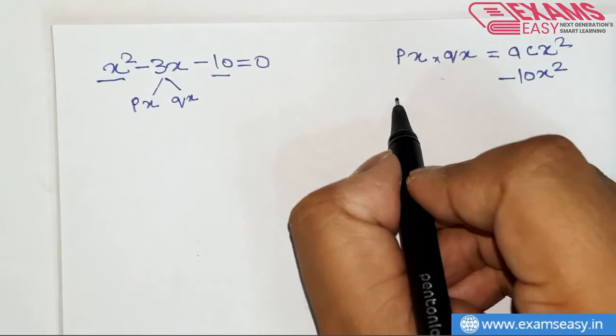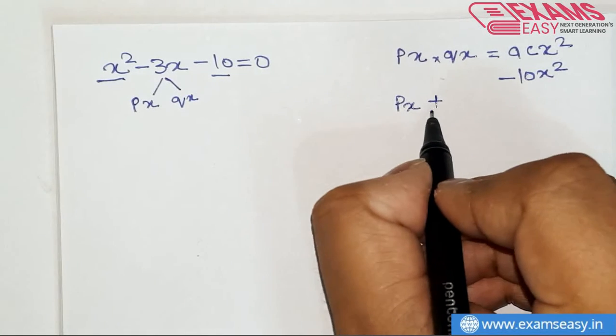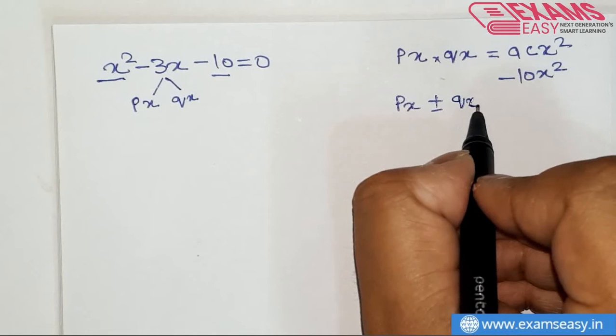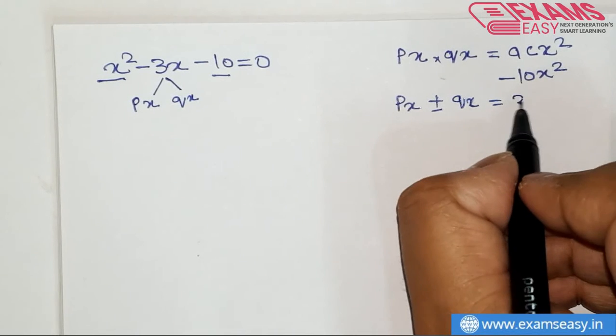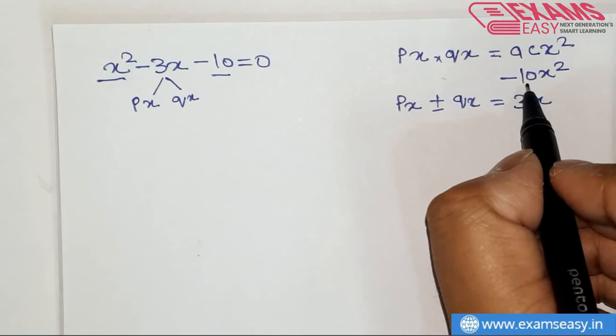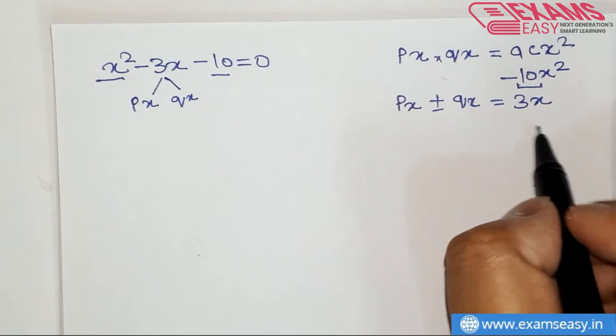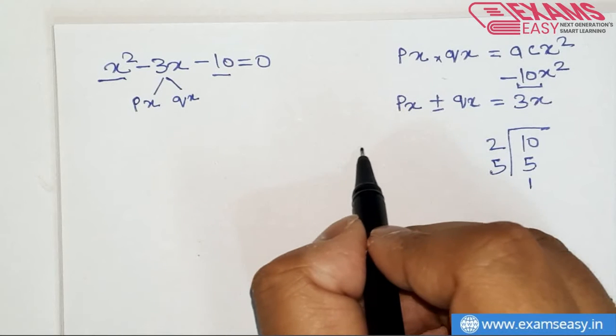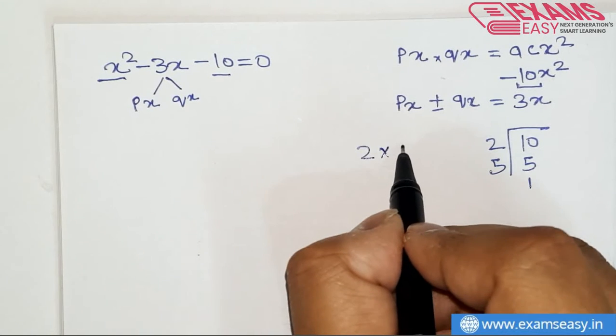So in this case, px plus or minus qx, either we add them or subtract them, should give us 3x. To do that, we have to take this digit and find its LCM, 2 and 5. So we have got 2 digits.